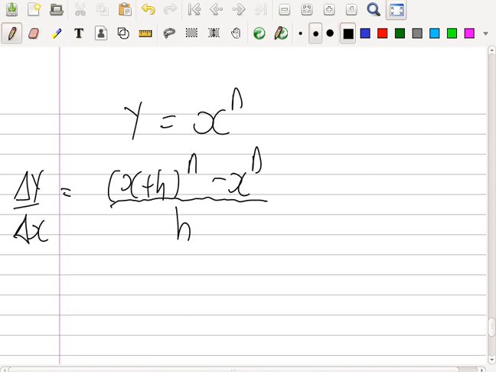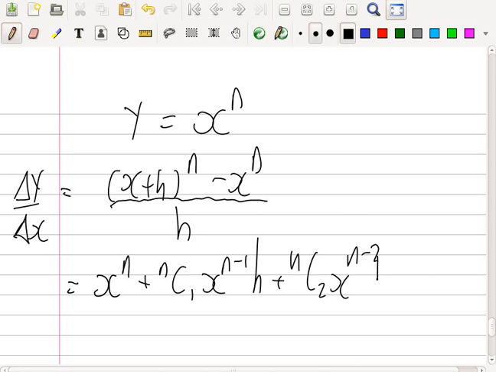That's the formula. So let's simplify it. You expand this one, and you get x^n plus nC1 x^(n-1) h plus nC2 x^(n-2) h squared, etc., and then at the very end, you have minus x^n.